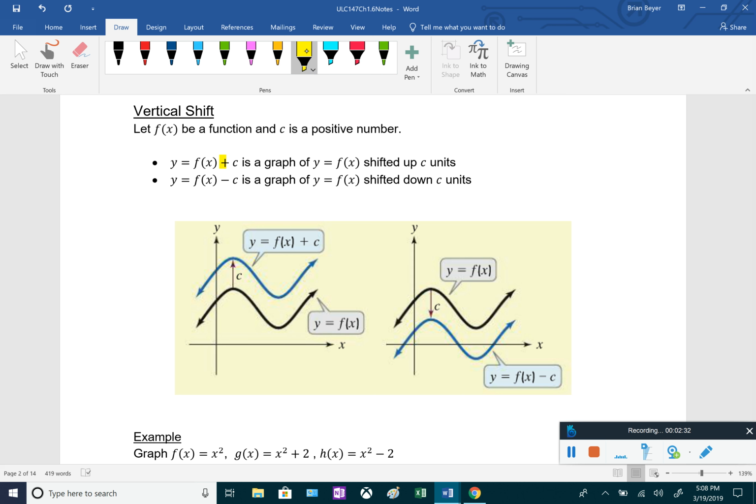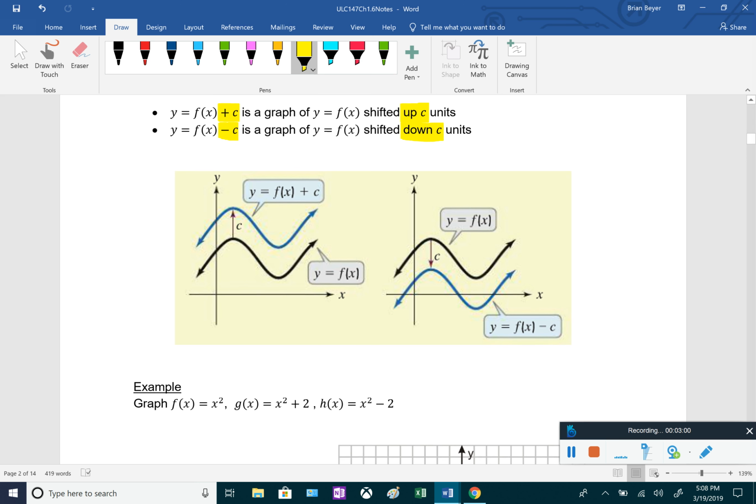If we're adding some number c, that's moving f of x up c units, and if we are subtracting c, it's moving it down c units. That's taking all of the y values and adding c, meaning it goes up c units, or subtracting c, which moves it down c units.